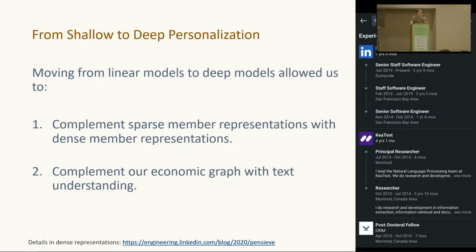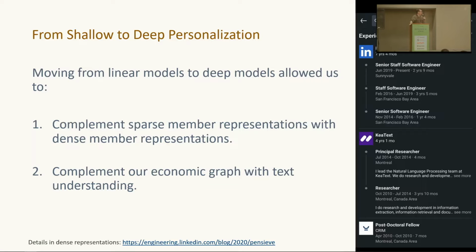The second thing where we had some improvement from deep learning is just ambiguities. If you look at those job titles, even in my profile, I went from principal researcher at a small company back in Montreal to senior software engineer at LinkedIn. Those transitions don't happen in any kind of context.